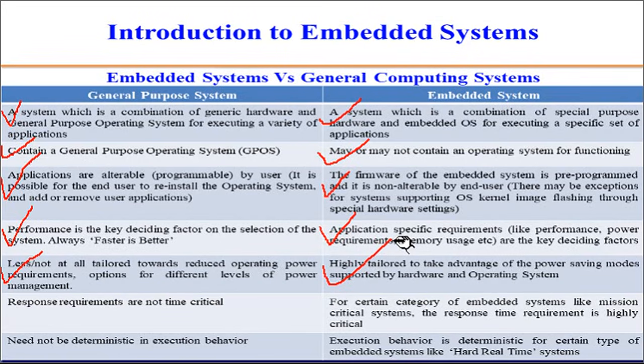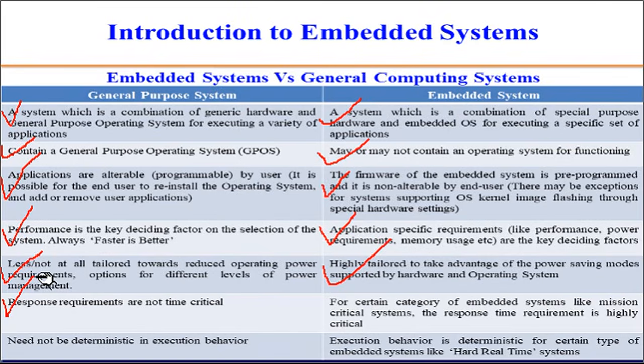That means whenever the embedded system is idle, it needs to save power. That needs to be taken care of by the hardware and operating system. So an embedded system will take advantage of power saving modes, but we can't have that in the general purpose system.